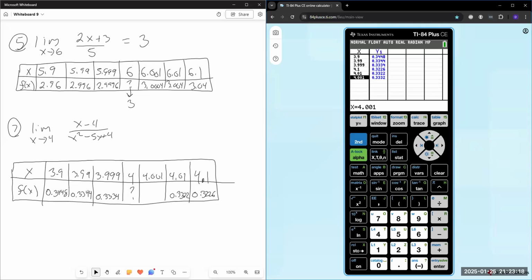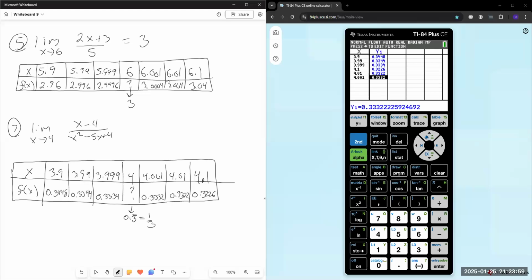Technology is just really helpful to make you not have to do these nasty calculations with decimals by hand. So I'm sure your teacher is going to want you to do this the same way. And the right answer is right here in between these numbers. You may think it's 0.3333, and that's really close to it, but it's actually 0.3 repeating over and over again. So the right answer is 0.3 repeating, which is the decimal equivalent of 1/3.